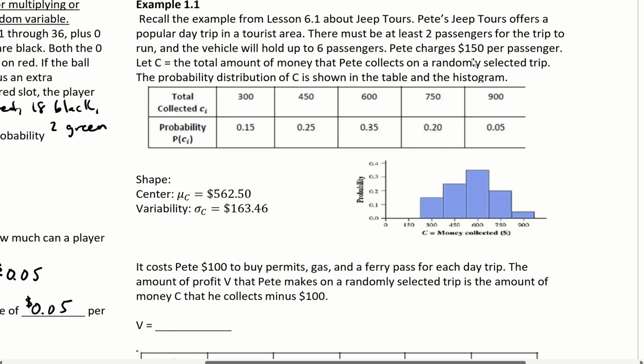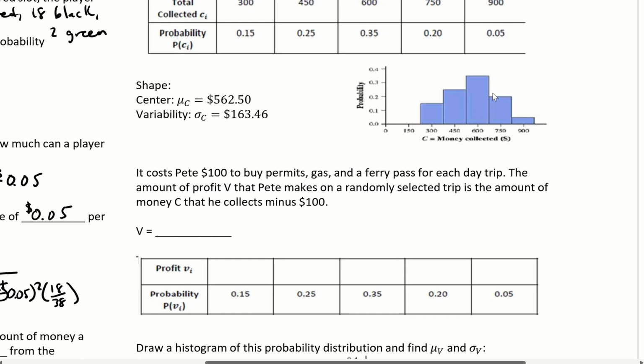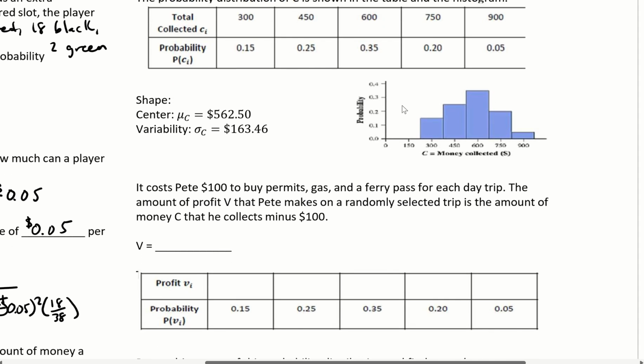Pete charges $150 per passenger. Let C equal the total amount of money he collects on a randomly selected trip. The probability distribution of C is shown on the table. So we have the same probability distribution from that lesson, and the histogram that we created in that lesson.